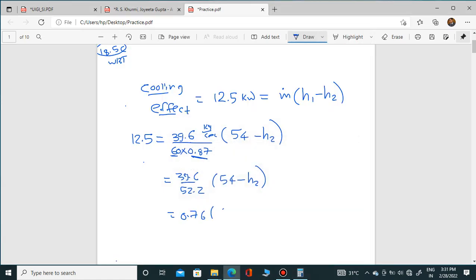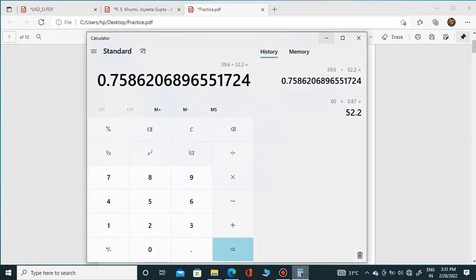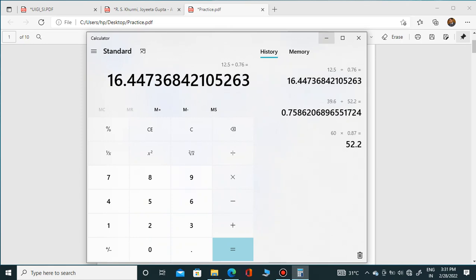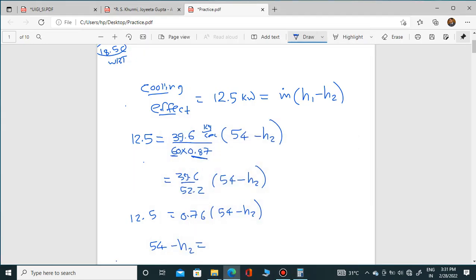Here we have 54 minus H2 and here we have 12.5. So we can write that 54 minus H2 is equal to 12.5 divided by 0.76. What will be the answer here? 16.44. So this is our 16.44.